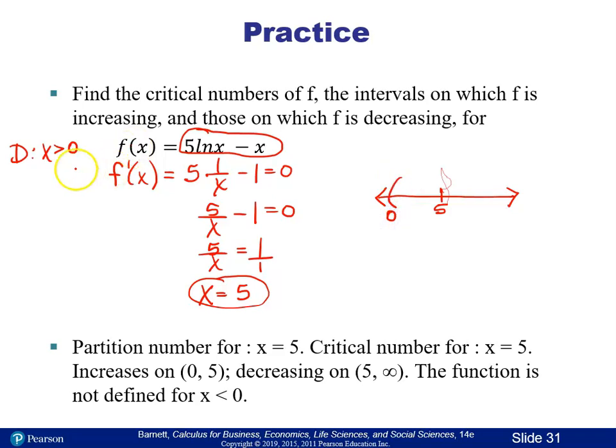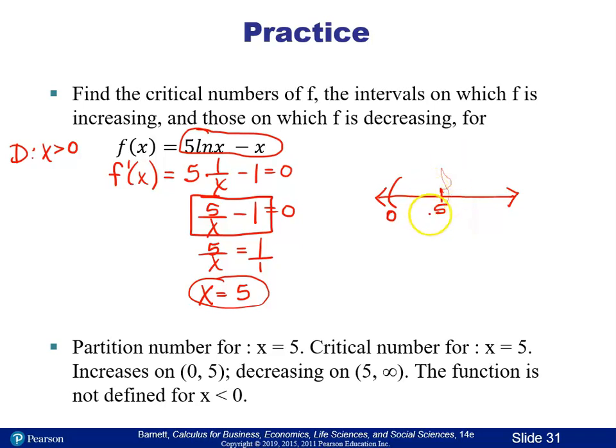And if we look back at this first derivative, we see that x cannot be 0 because of it being in the denominator, and it would make that first derivative undefined if x were 0. So we cannot include 0 as part of our answer, but 5 will be one of our critical numbers.